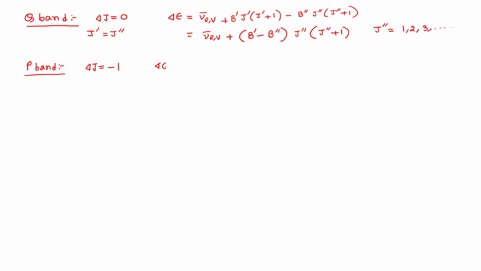So for the P band we can write nu, and that means here J dash minus J double dash is equal to minus 1. Right? So we can actually write in terms of J dash. So J dash is J double dash minus 1.